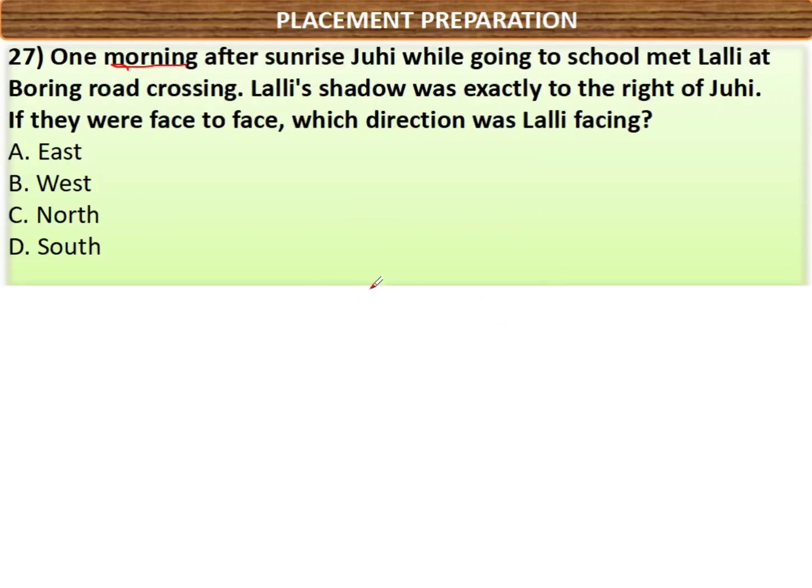See, morning or evening? Morning. Morning means this is the shadow direction. One fellow like this, another fellow like this. Simply name A, B. So we read morning and we have drawn this much. The next word we need is right. Now tell me, this shadow direction is right of A or right of B?